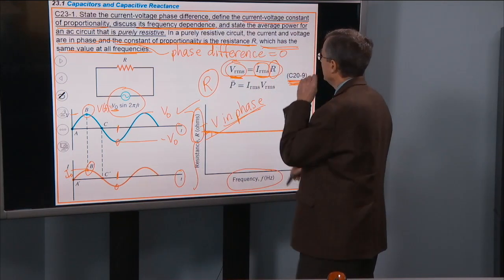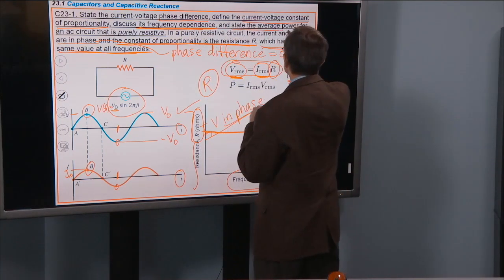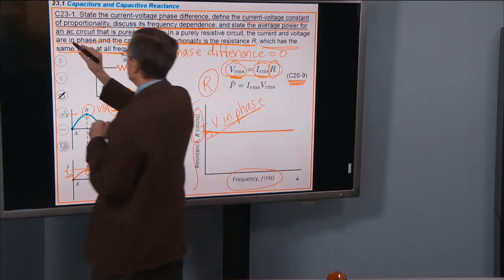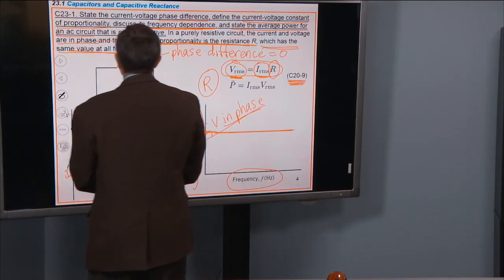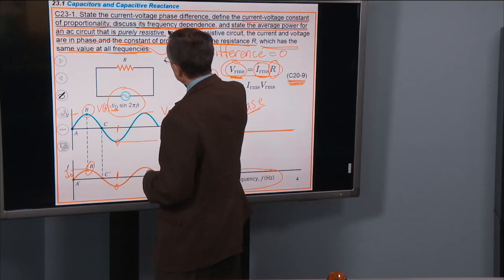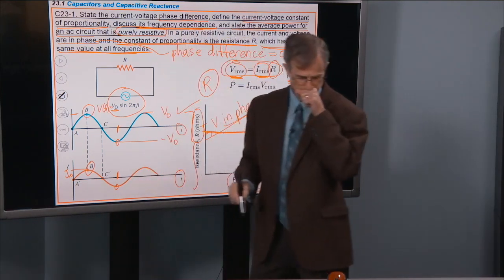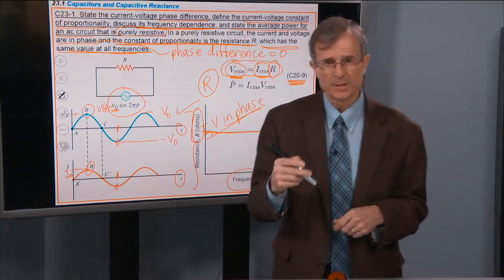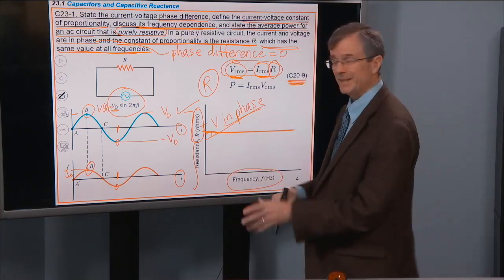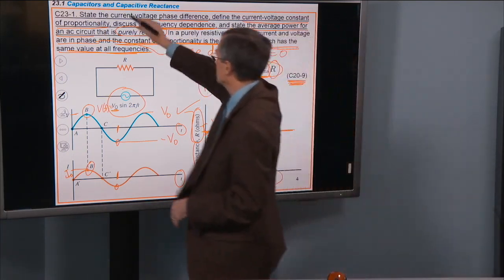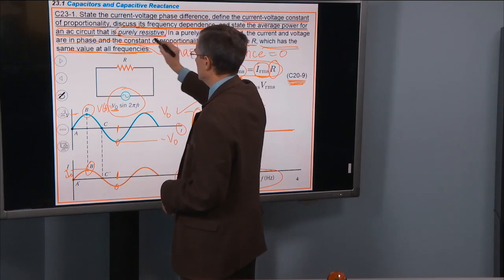Now finally, we're supposed to state the average power for an AC circuit. And I've got this phrase right here, purely resistive, because we'll do two more concepts that are very similar to this one. And they'll look exactly identical. All these words will be the same except these last two words.